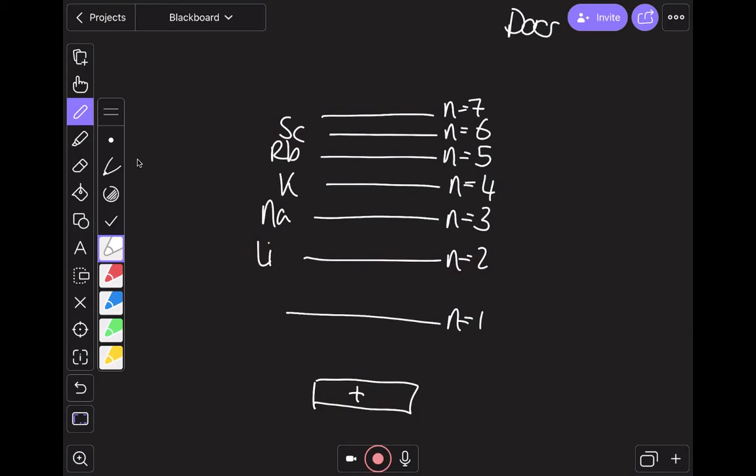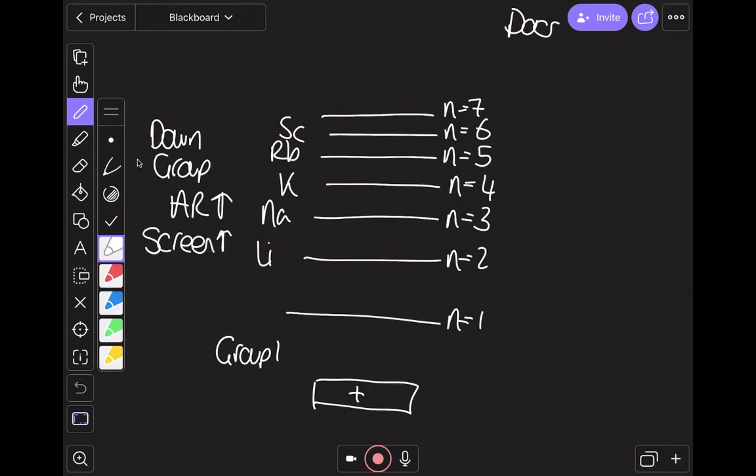As we're going down, this is going across, this is our group 1. And as we go down the group, my atomic radius is increasing and my screening is increasing. And my number of energy levels is increasing.